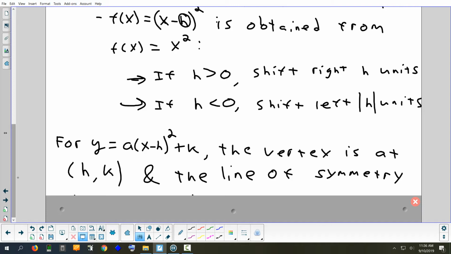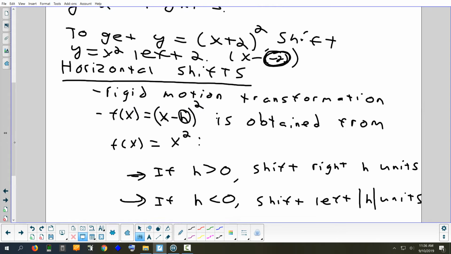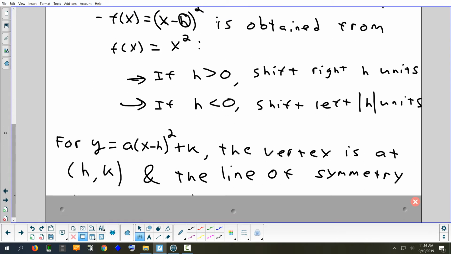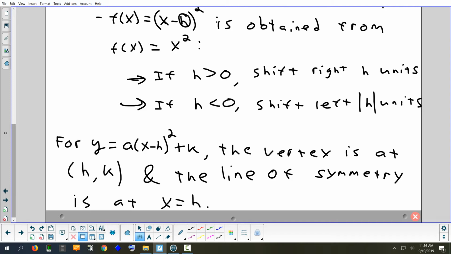So if you shift your parabola up 2 units, it's still the same line of symmetry. It's only if you shift it left and right. Now what's the equation for a vertical line? Well, never mind, I told you. It's x equals. So your line of symmetry for a parabola is x equals h.